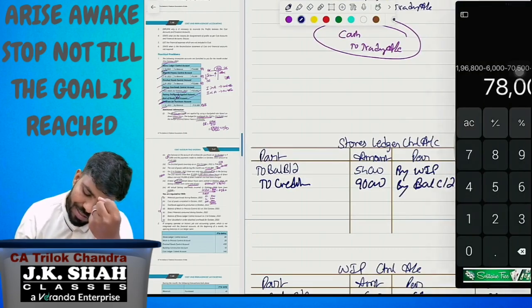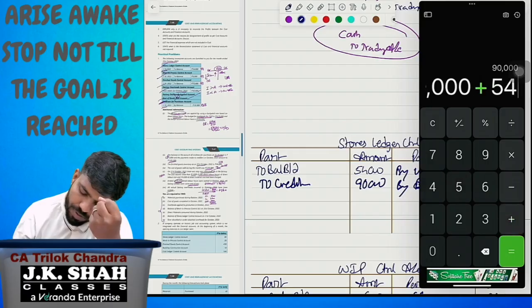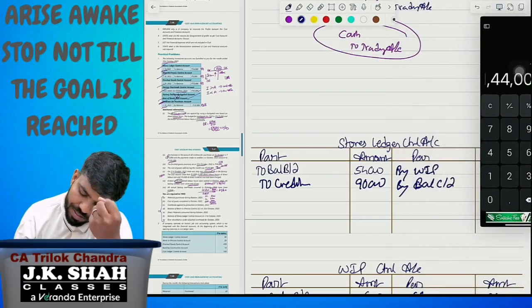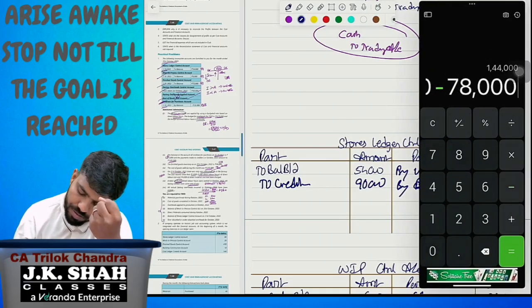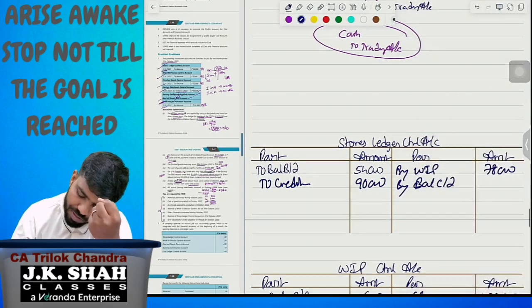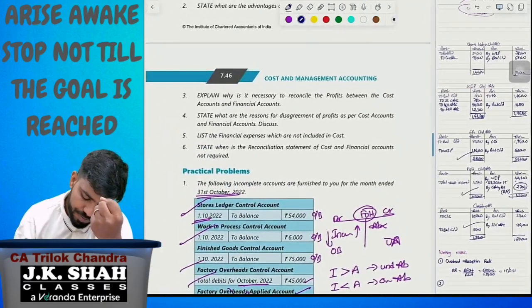We take the closing balance: 90,000 plus 54,000 equals 1,44,000, minus 78,000, gives 66,000. We get 1,44,000.